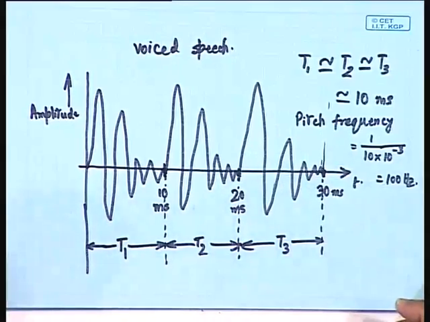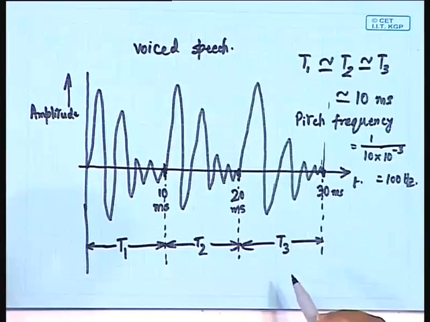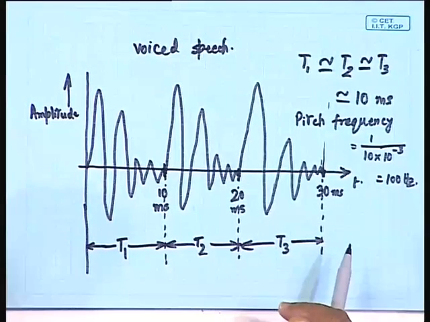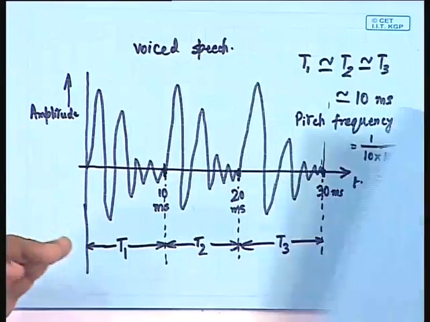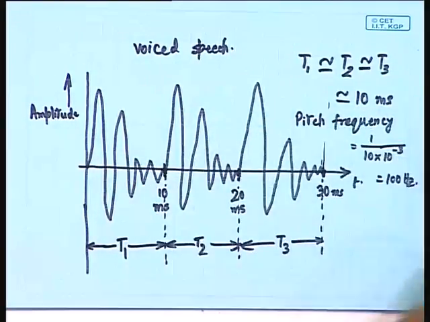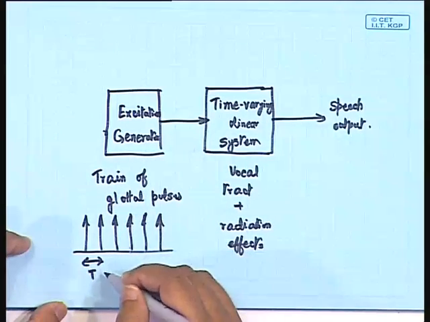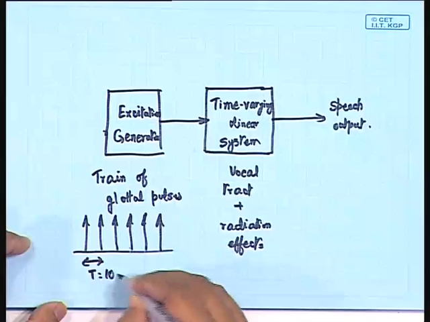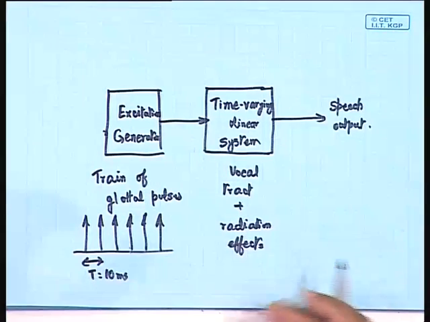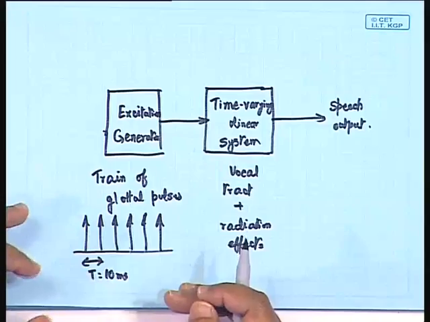Here the pitch frequency being 100 hertz, we can say that 100 hertz is the source of excitation. So, in our excitation generator, this T, if we take it to be approximately 10 milliseconds, corresponds to a 100 hertz repetition rate.